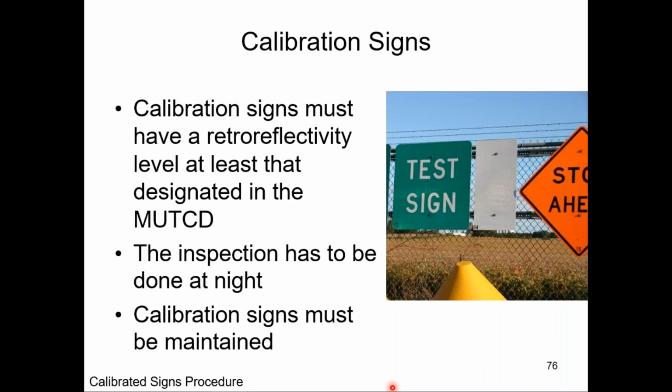Again, this method has to be done at night, and these calibration signs, because they are test specimens, need to be maintained. So I hope these signs that you see here are just here for photo purposes, because as soon as the inspections are done, they should be taken down and stored inside, out of the sun, out of the wind, and not exposed to potential things that might scratch or damage them.